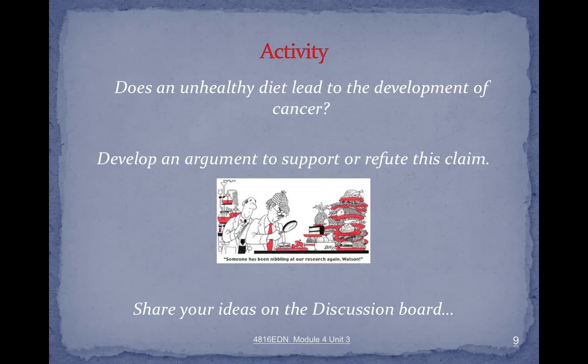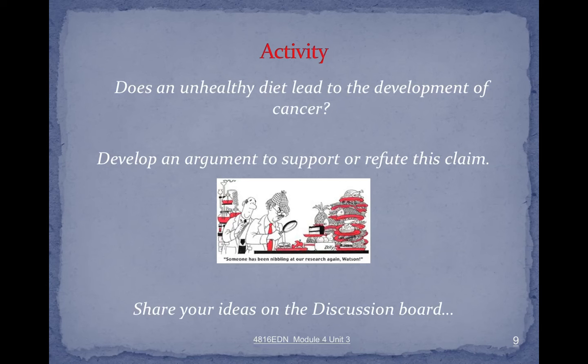So here's an activity for you. After thinking about what cancer is, thinking about that new research that has started to look at a link between energy restriction, or moderating what's being consumed, in experimental animals but not in humans, and then the scenario. So does an unhealthy diet lead to the development of cancer?